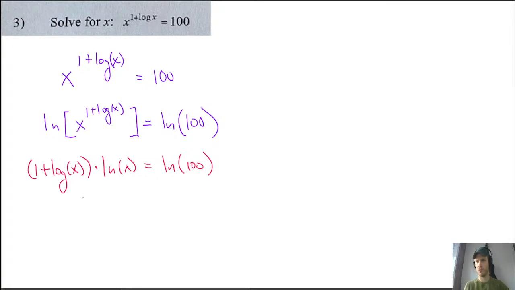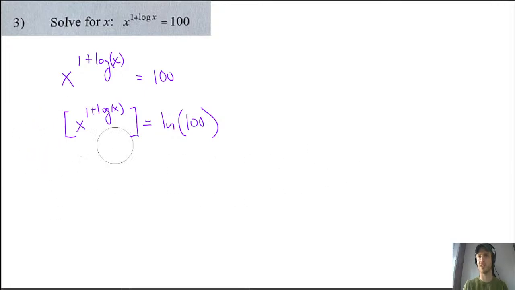So, let's see. What are we going to do? Let's distribute this. Oh, you know what I'm going to do? I'm not going to use the natural log. So I'm going to change this to be the same base as the log that they gave. If they don't write the base on the log, it's log base 10. So I'm going to do this.